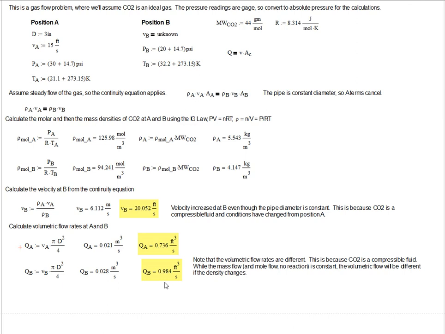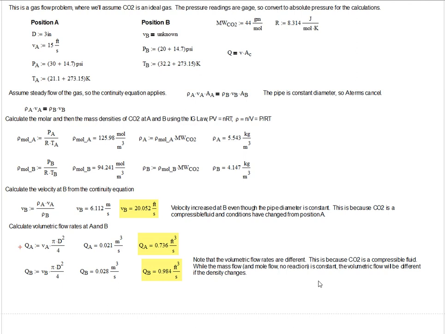And again, the volumetric flow rates are different because carbon dioxide is a compressible fluid, right? This is in contrast to what we have done with incompressible fluids, where the densities would stay constant, and the mass flow rates would be the same.